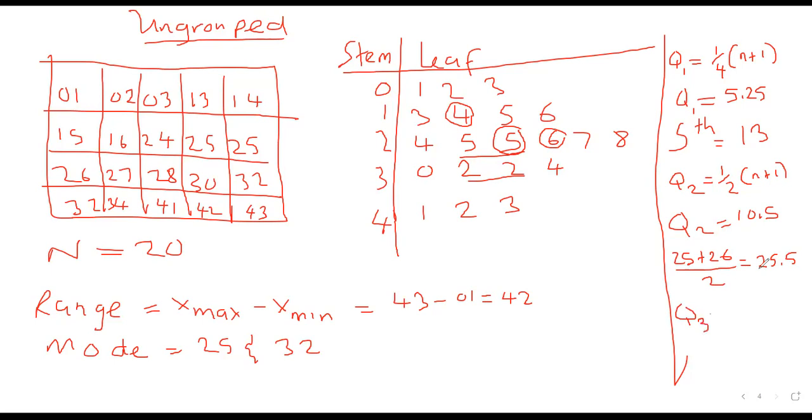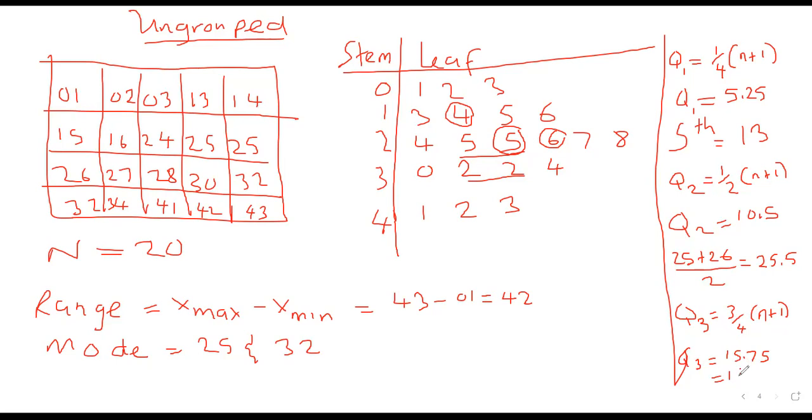Then your third quartile, which is your upper quartile, is 3/4 of n plus 1. So 3/4 of 21 is 15.75. So we round off to the nearest number, which is 16.